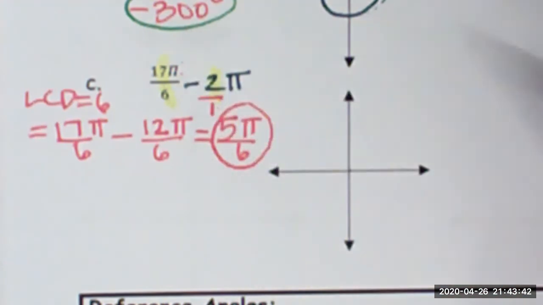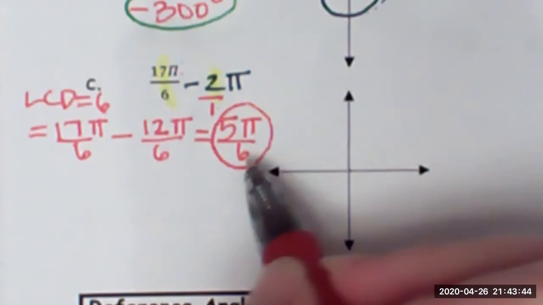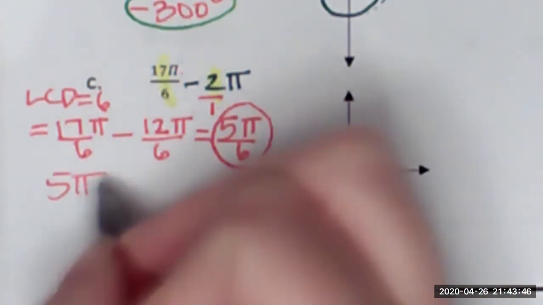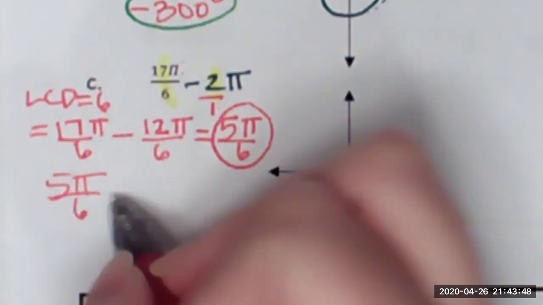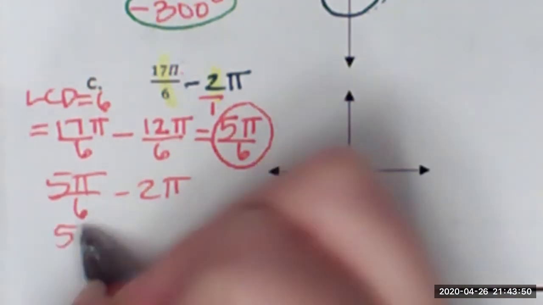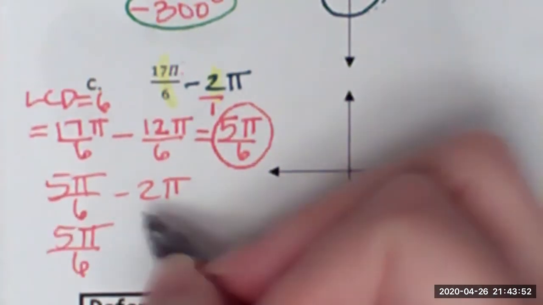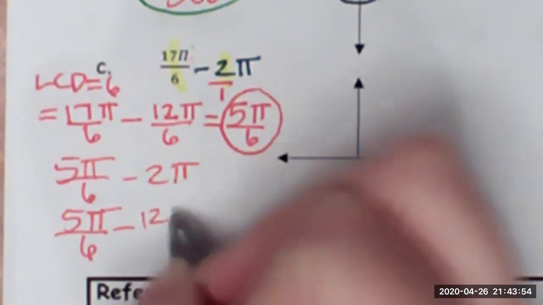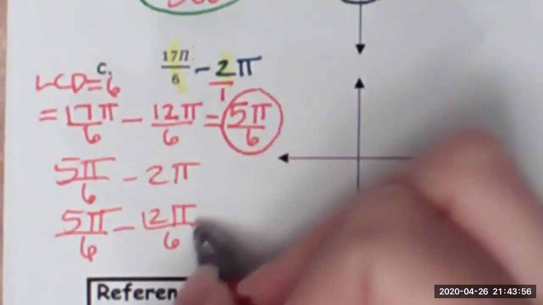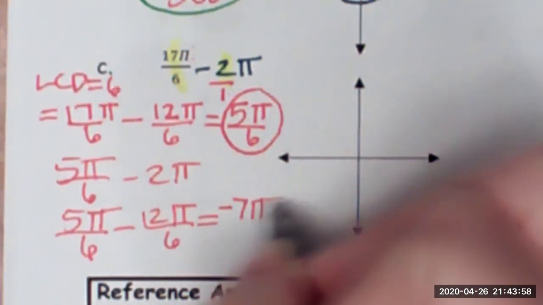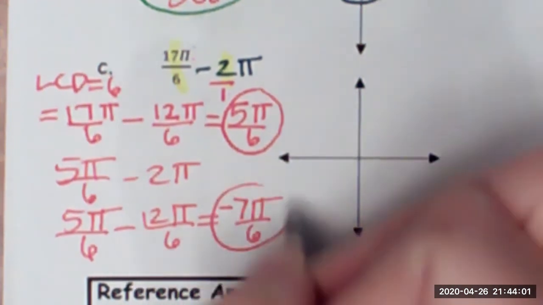Reason being, now if I take that 5 pi over 6, and I subtract 2 pi, then I'll get the negative angle that I'm looking for, because 5 pi over 6 minus 12 pi over 6 gives me negative 7 pi over 6.